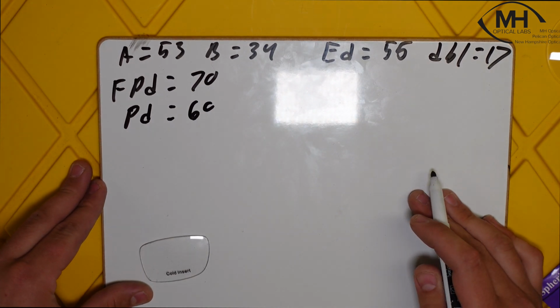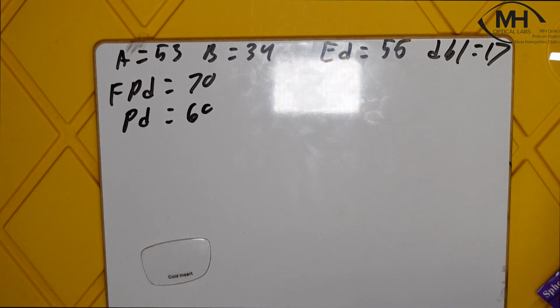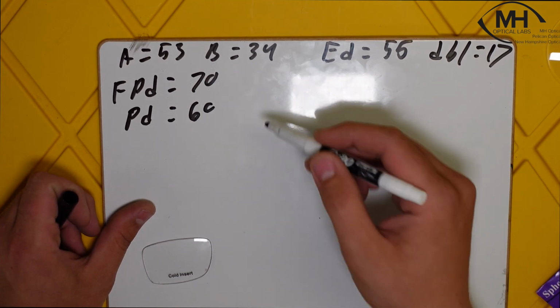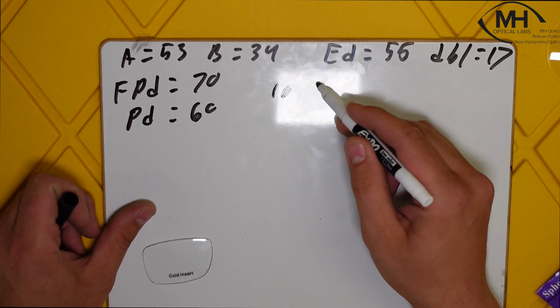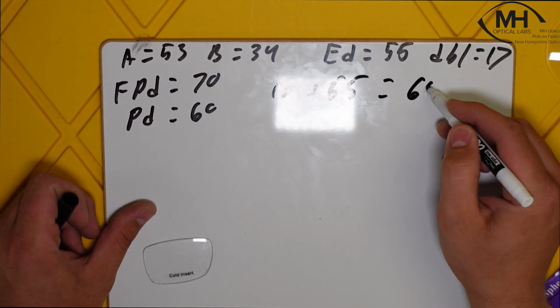Okay, so now from here we have to calculate minimum blank size. Everybody has their own tips and tricks, however they do it. All I do is take the total decentration. This one's easy: 70 minus 60 gives us 10, plus the ED, which is 55, gives us 65.